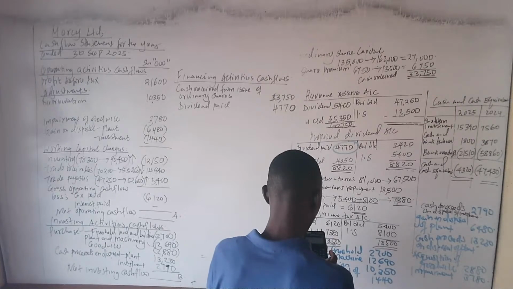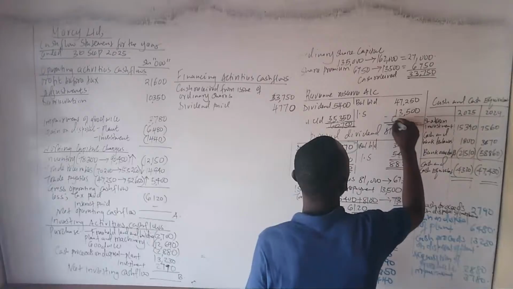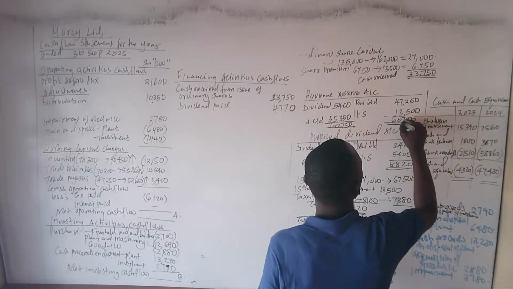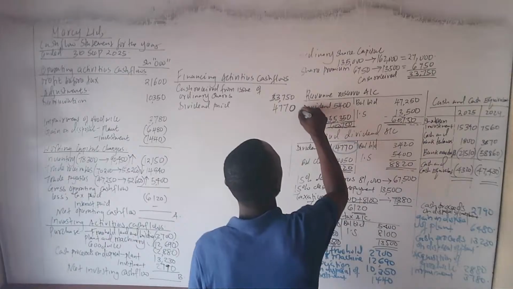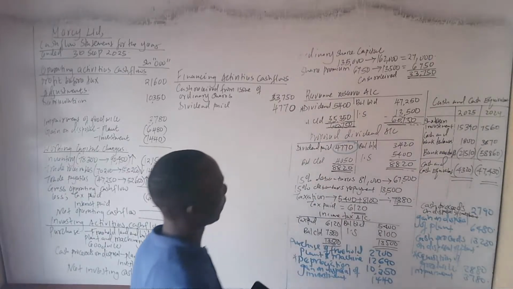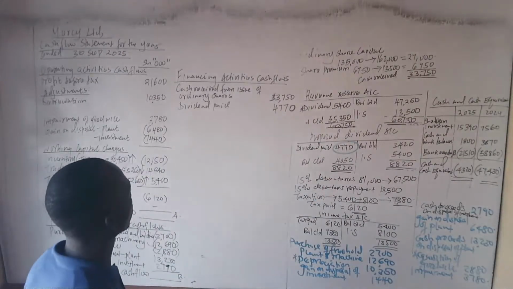Then we add 13,500. Yes, here we will get 6750. So that's how this account was balancing. The dividends here are the dividends in the income statement.